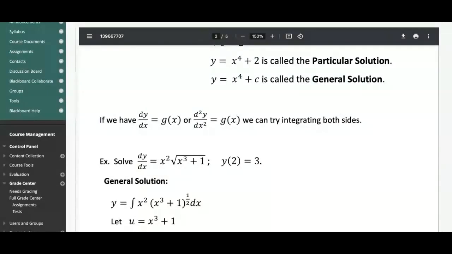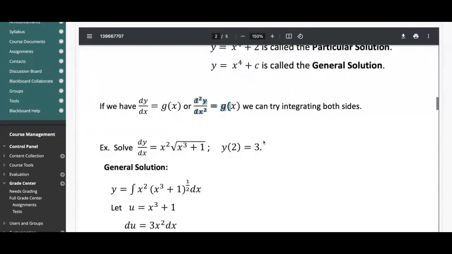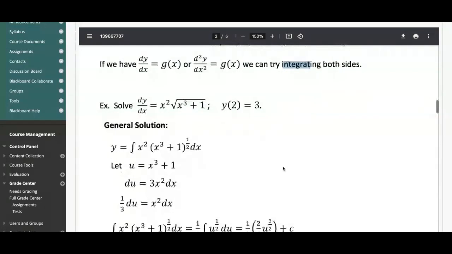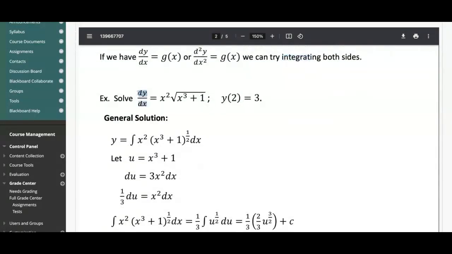If we have dy/dx equals a function, or the second derivative equals a function, we can try to integrate both sides. Let's see this one. dy/dx equals x squared times the square root of x cubed plus 1, with the initial condition y of 2 equals 3, which means x equals 2, y equals 3.